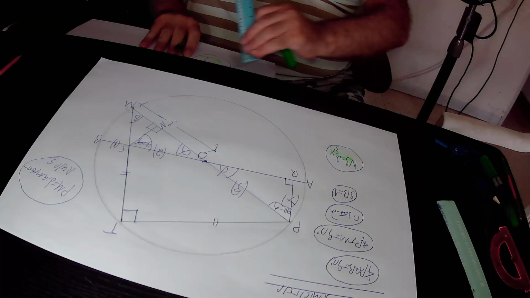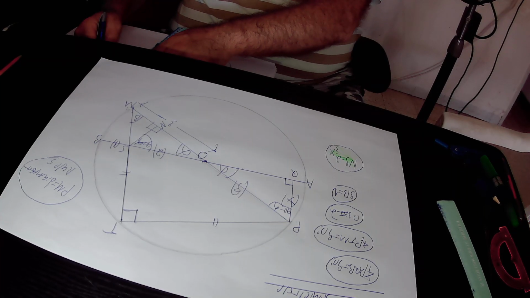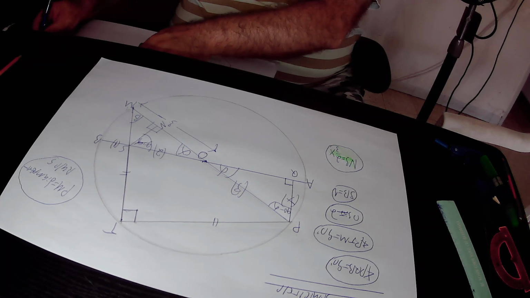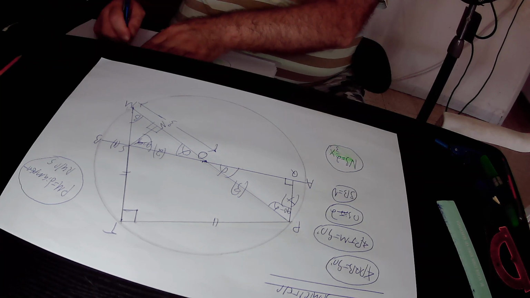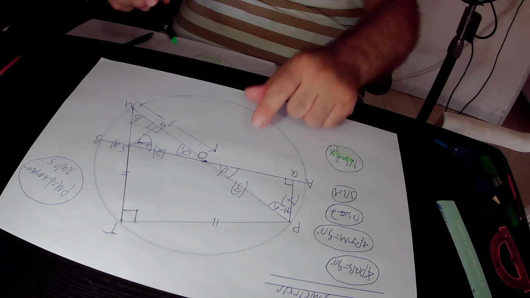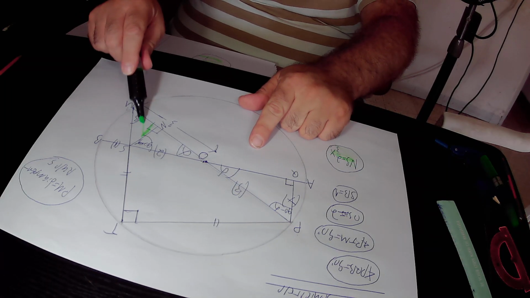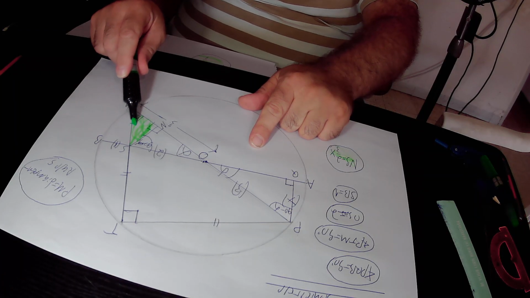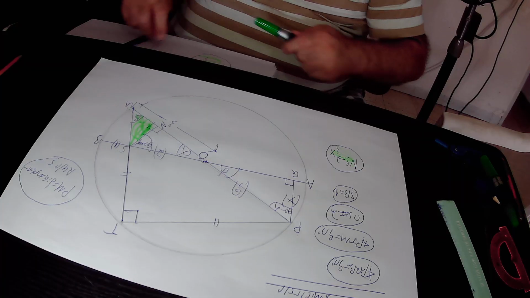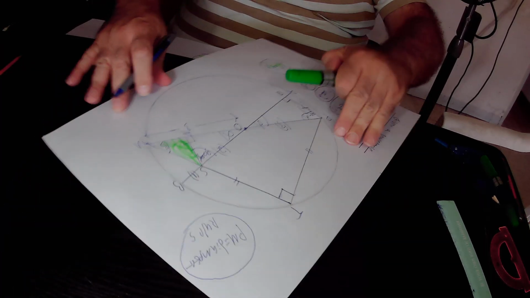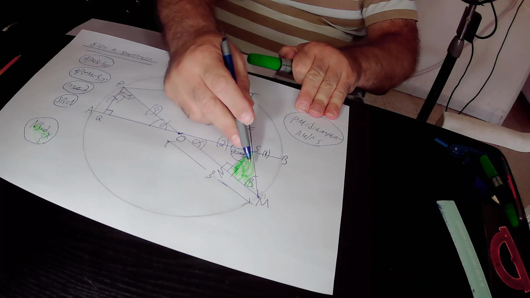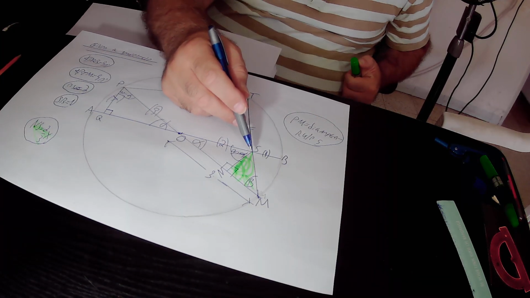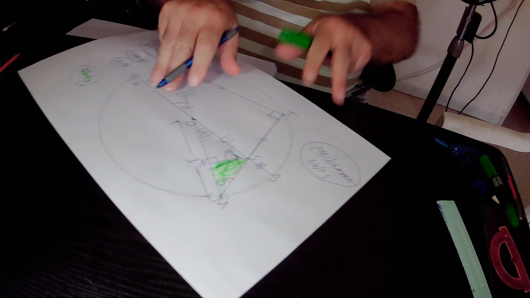So in the green small triangle, S and M, this angle equals beta, this angle equals 90 degrees, and therefore this first missing angle must be equal to 90 degrees minus beta.